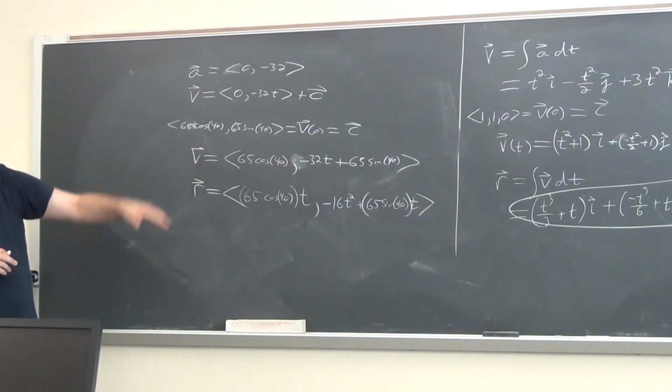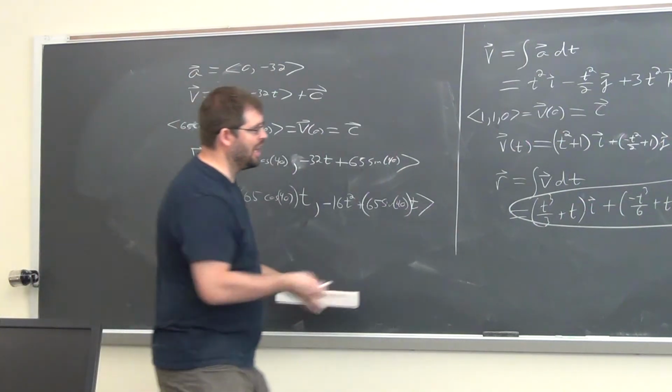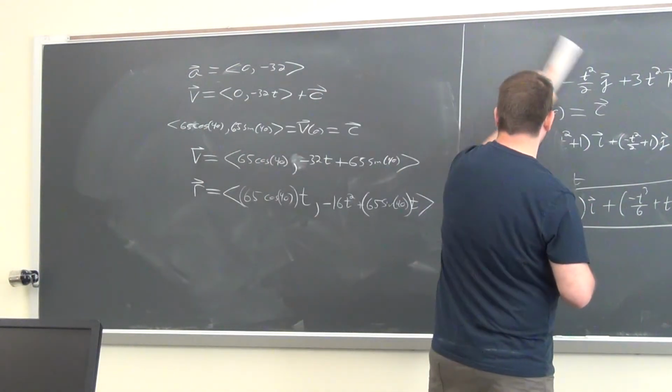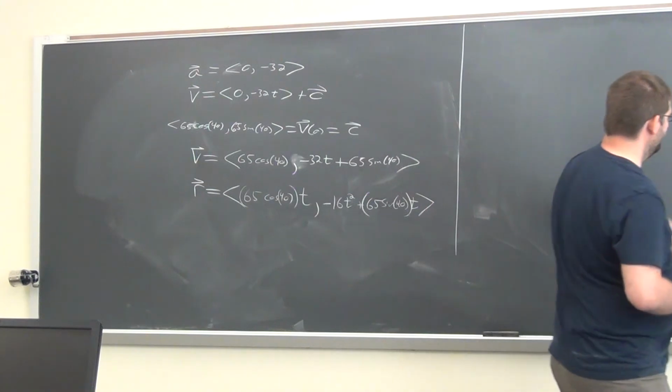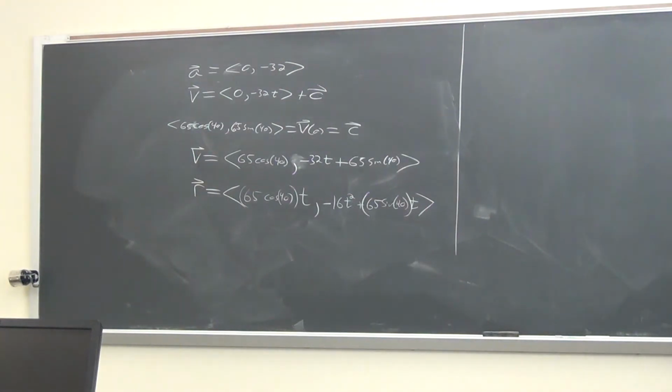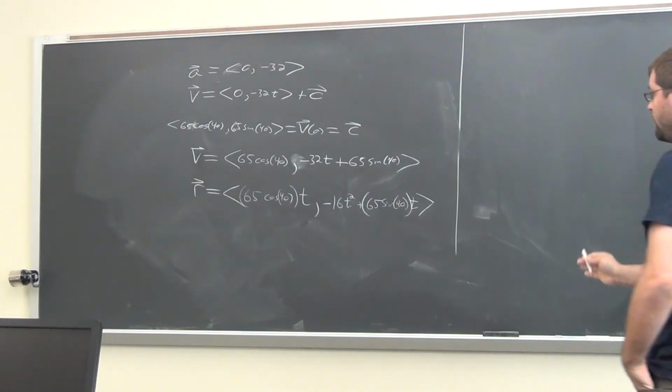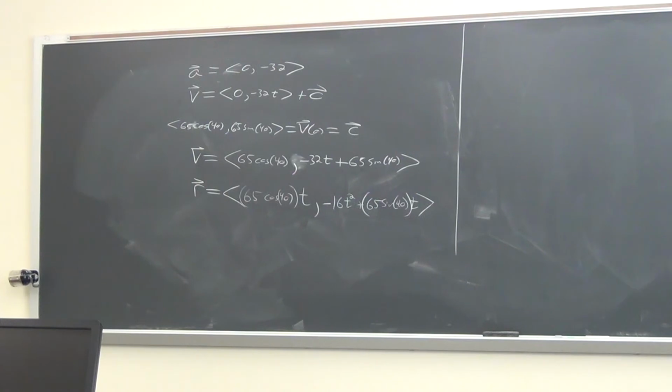And if your initial position isn't at 0, 0, then you might have to do something else. But I really don't think it's worth memorizing an extra formula, because if you screw it up, it throws out the whole problem.